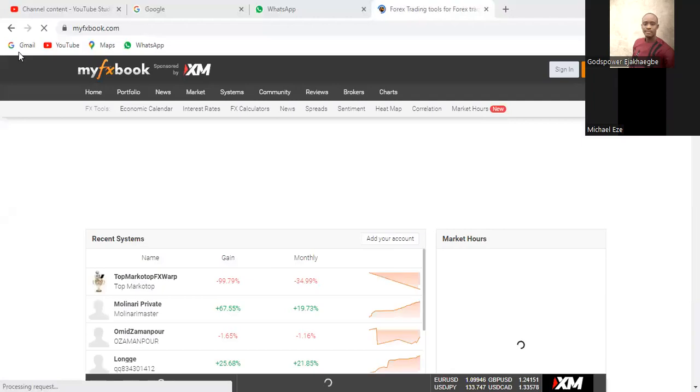You can also use it to calculate the number of pips you can manage in the market. So when you go to myfxbook.com, the first place you should check is home.